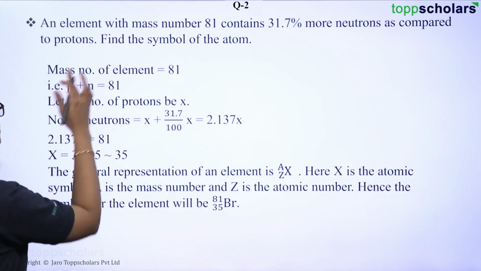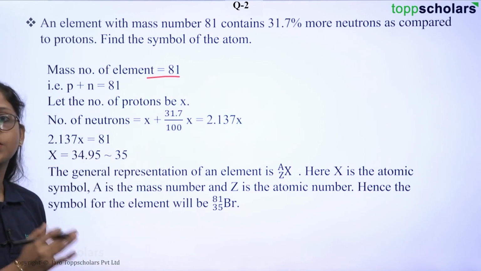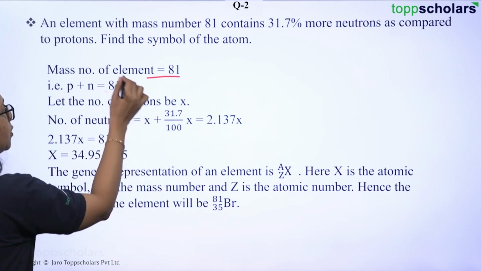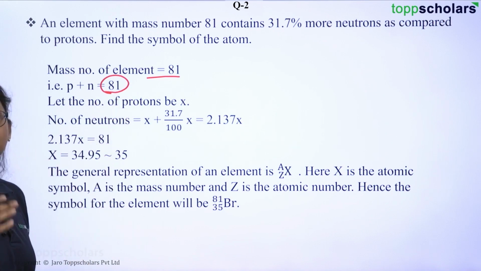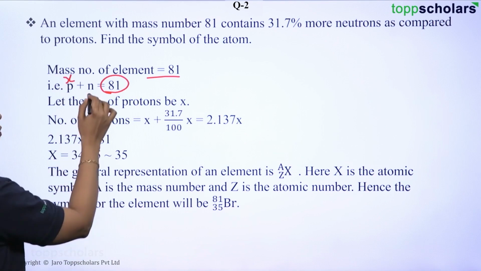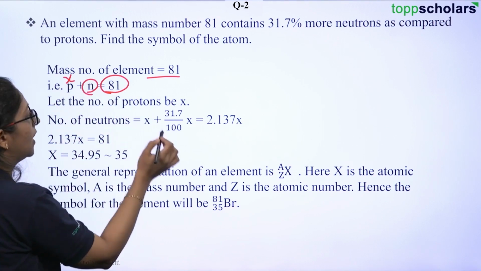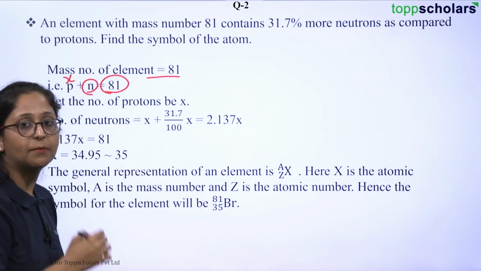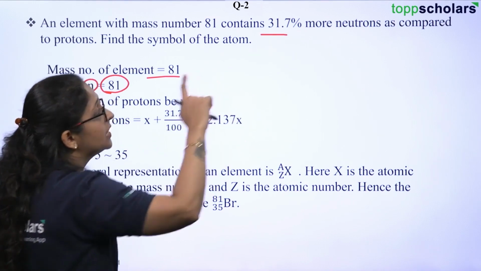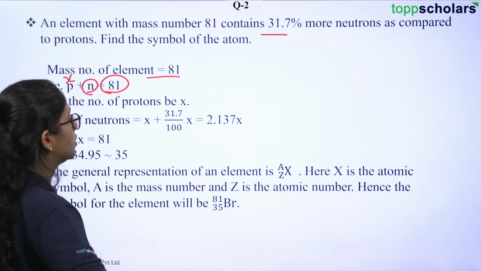So we are provided with the mass number of the element which is 81, which says that protons plus neutrons is equal to 81 over here. So let's take the number of protons which are present over here as x, right? So what will be the number of neutrons which is present? So that will be x plus 31.7 divided by 100 because we are provided that there is 31.7% more number of neutrons which are present, okay.